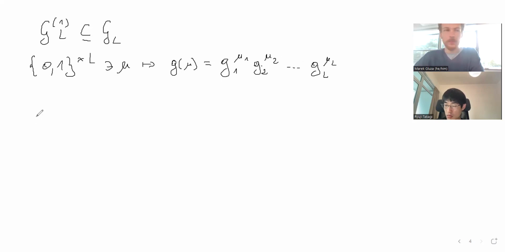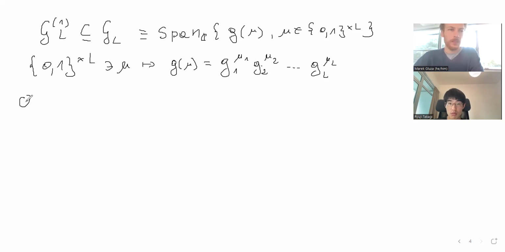And now the question will be how to start defining. Okay, so once I have this, then I can define this to be the complex span of those g mu's, and mu in the Boolean cube. Okay.